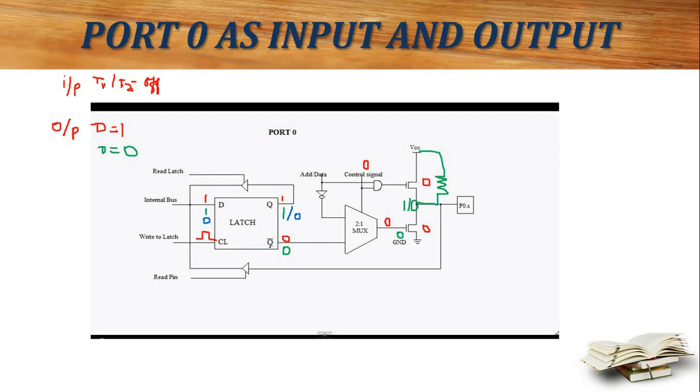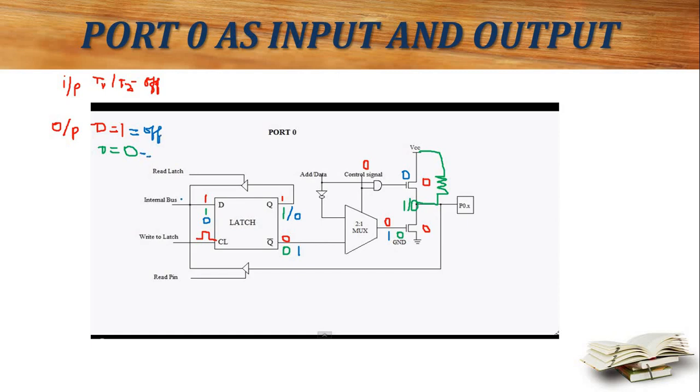So if it is 0, then Q bar equal to 1. If it is 1, the mux output will also be 1. So here the control signal will be 0 only. So this will be off. In D equal to 1, both are off.